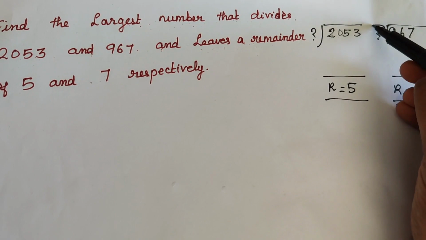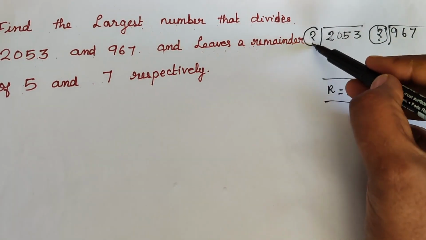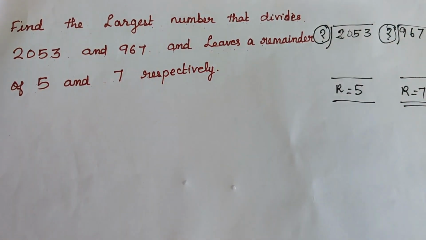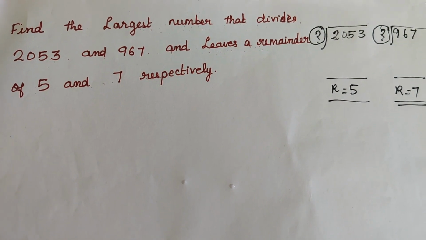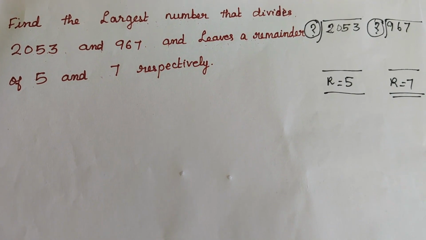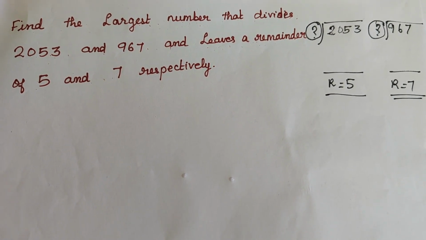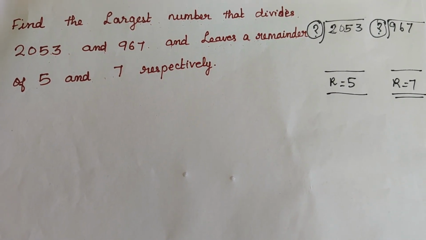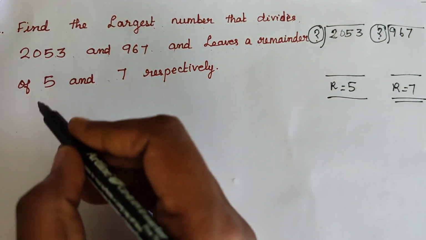So, the common divisor, what is it? If in a situation you need to find the common divisor, you must find the common factor, for which you have to find the highest common factor, HCF. To find HCF, step 1, subtract the remainders.